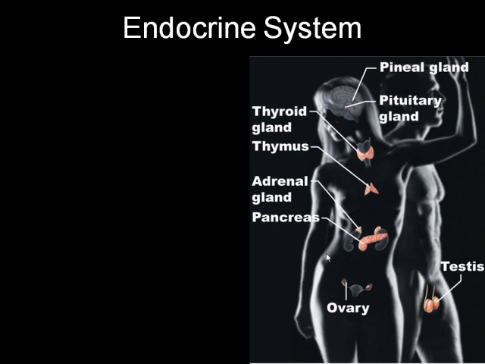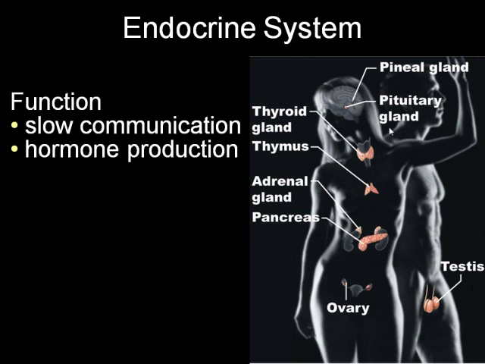The endocrine system is closely related to the nervous system. The endocrine system is a series of glands that are scattered throughout the body. The thyroid and the pancreas, the ovaries and the testes, the pituitary gland are probably some you've heard of before. Like the nervous system, it's a communication system, but it's a very slow-acting communication system.